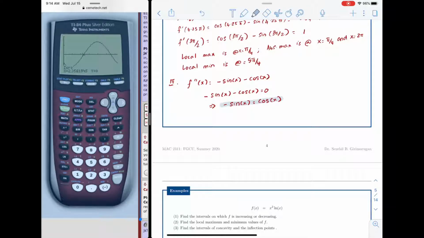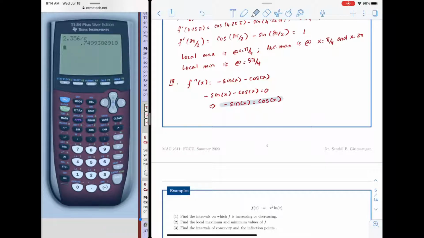So let's try this again. 2.356 divided by pi would give you the amount of pi that would result in 2.356, and that gives me 0.7499, which seems like 0.75, so it has to be 3 pi over 4.